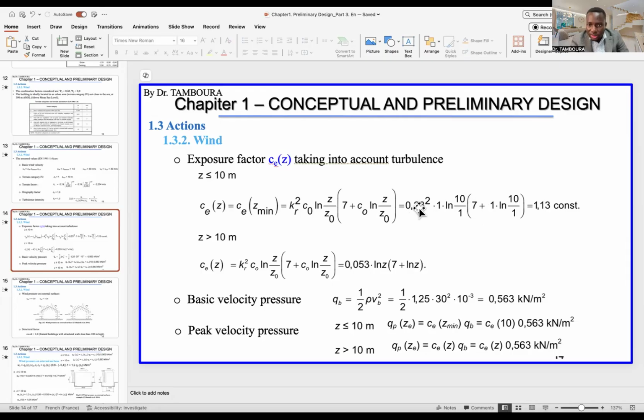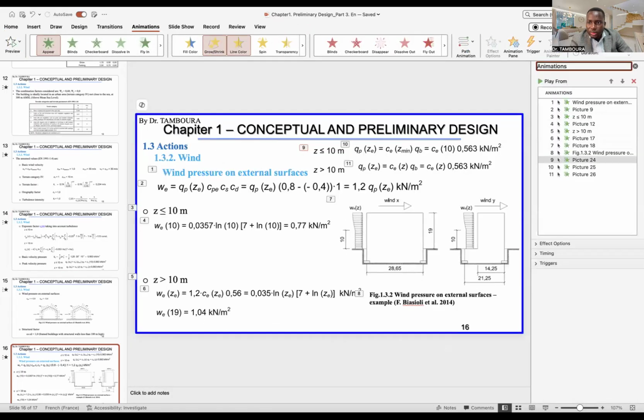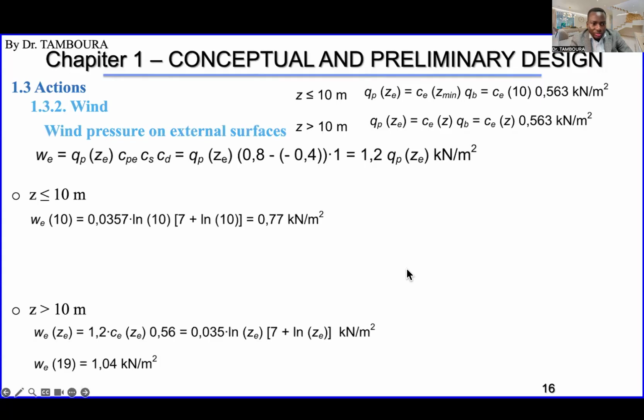If you do 0.23 squared, you will obtain this coefficient, multiplied by this. You have to multiply by 1.2 also. So in case now of Z higher than 10 meter, you have this value. It is the same.